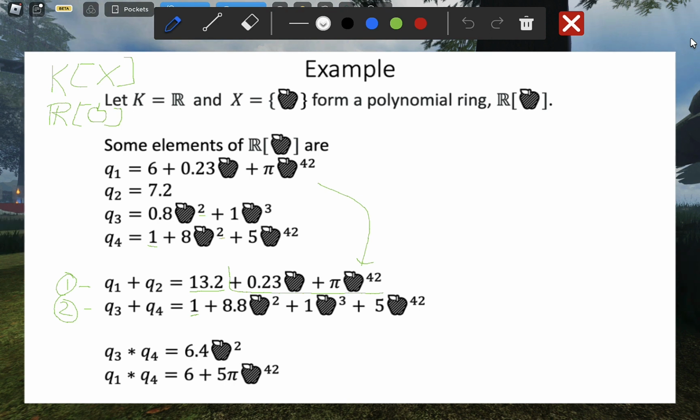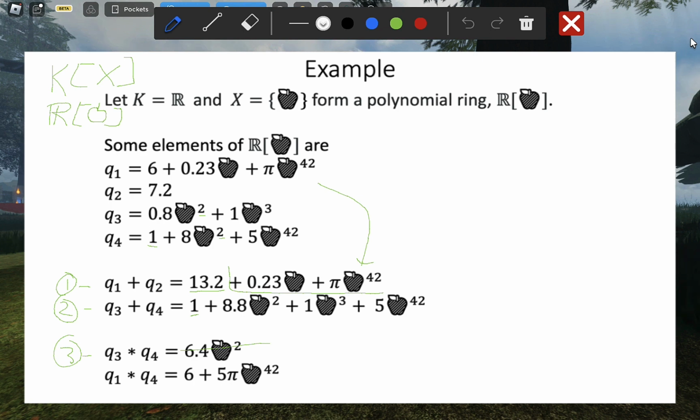What's up with Q3 times Q4? Did I get something wrong? I don't know how you get 6.4 apples squared. Let's see. Yeah, I don't know either. What was I doing then? Maybe I was doing a different set of variables. You might have changed the examples or something. Yeah, but let's just do that for completeness and correct this.